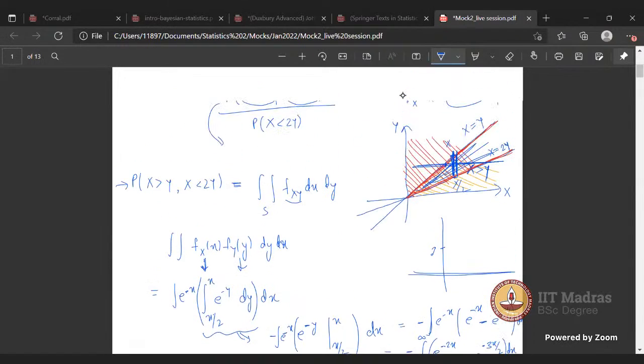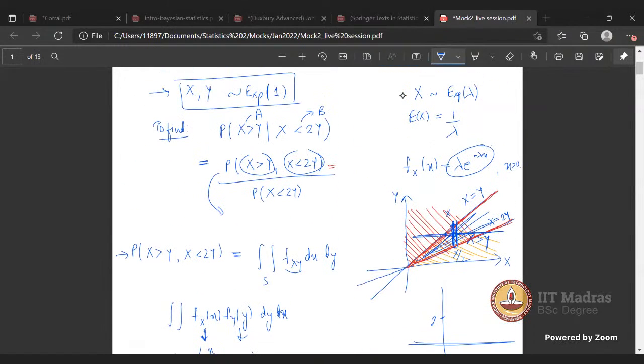So this is for the numerator part. For the denominator part, you have to find the probability x less than 2y. So this is basically this red shaded region here. If you have to find this, again, we will proceed the same. We'll do the double integral f(x,y) dx dy.